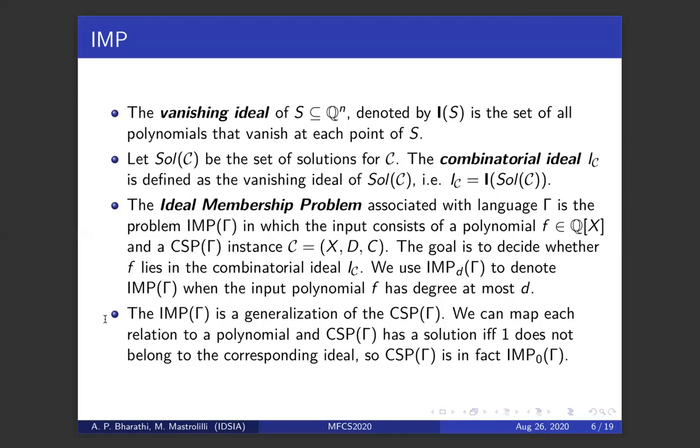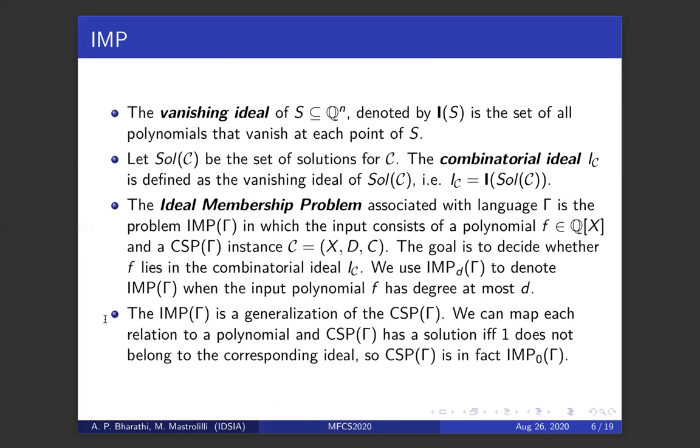Now we're ready to define the ideal membership problem that we're interested in. The IMP associated with language gamma, what we call IMP of gamma, is the problem where for a given instance C of CSP of gamma, we decide if an input polynomial f belongs to the combinatorial ideal IC.